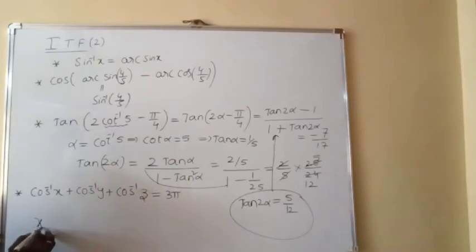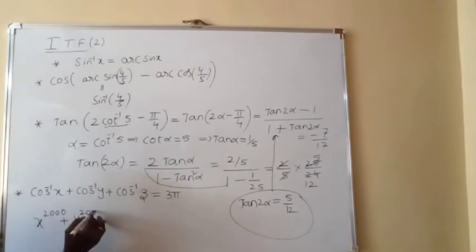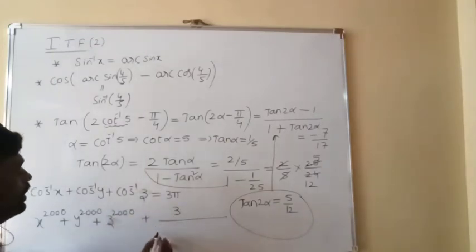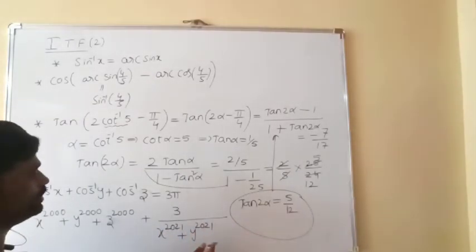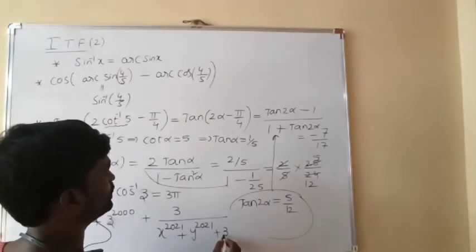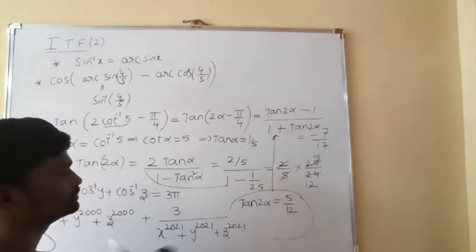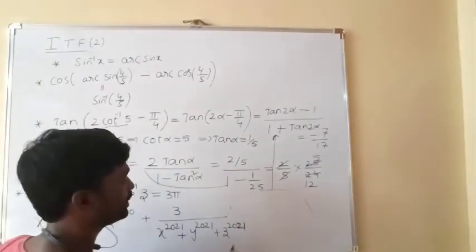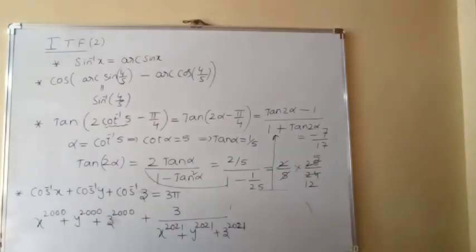Then what is x power 2000 plus y power 2000 plus z power 2000, plus 3 divided by x power 2021 plus y power 2021 plus z power 2021? It is the easiest problem, just based on the range of the functions.